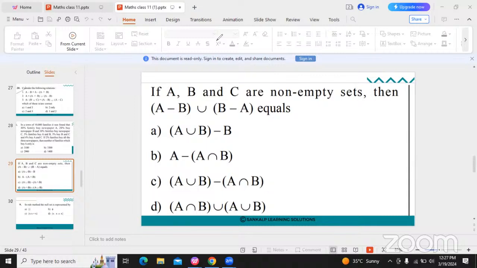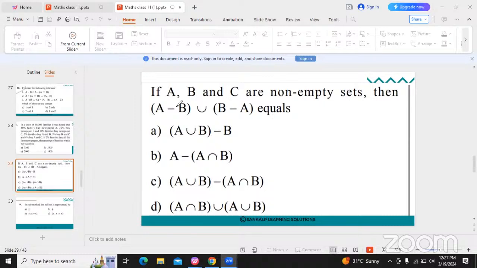So it is option C, option C. But it is not the correct answer. Just think over it. What is the question?